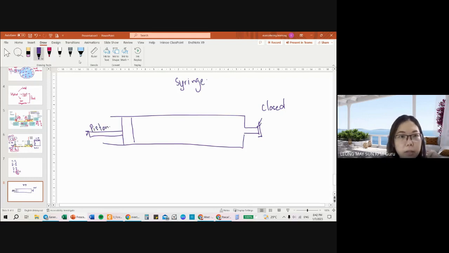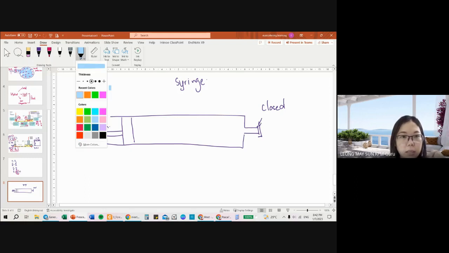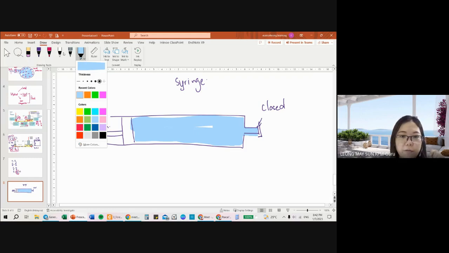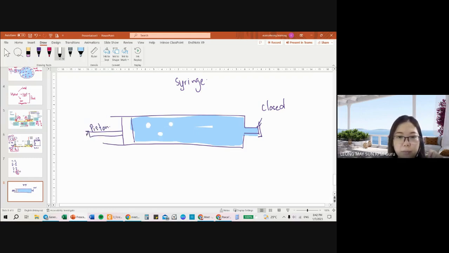If this is liquid inside, if this is water, the thing regarding water is that water is a compressible fluid whereby water usually has air bubbles. Usually water has air bubbles inside that.